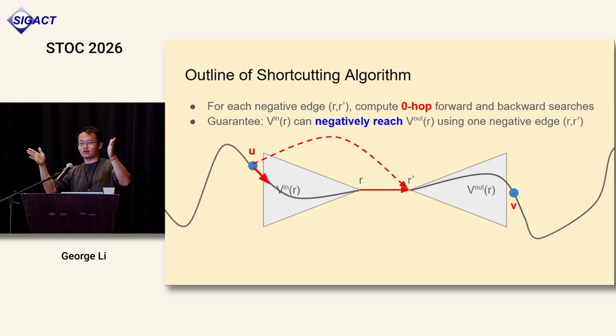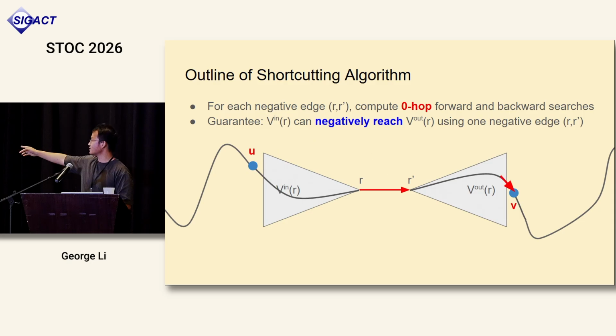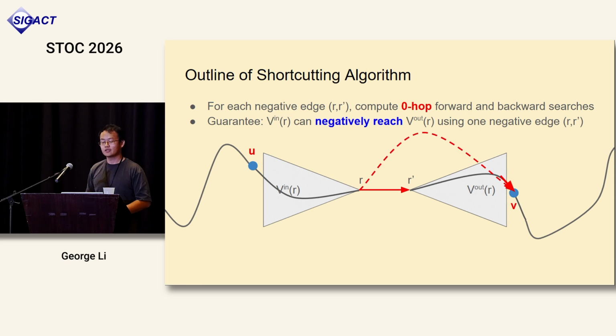So if we stare at a 3-hop subpath, now it becomes a 2-hop subpath. Similarly, if the last edge, this edge going into V, is negative, we can do a similar trick. You add an edge from R to V. And again, the R to V subpath has two negative edges, but this one negative edge is, I guess, only one negative edge.